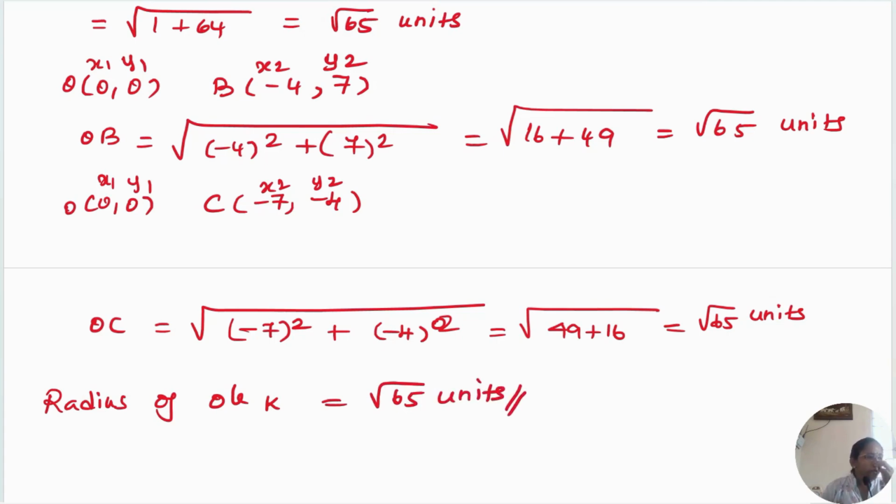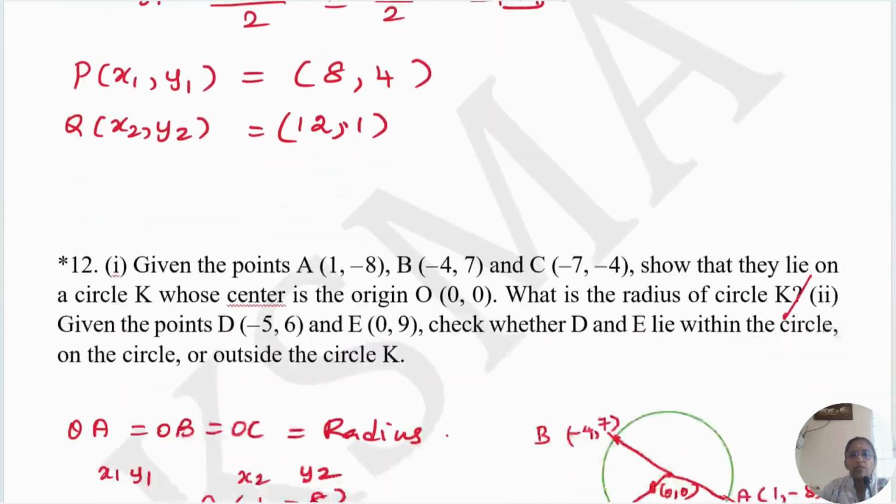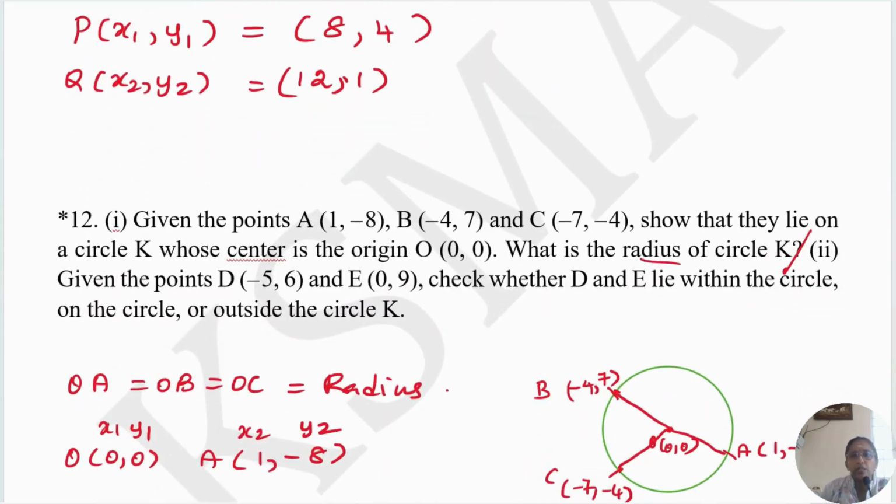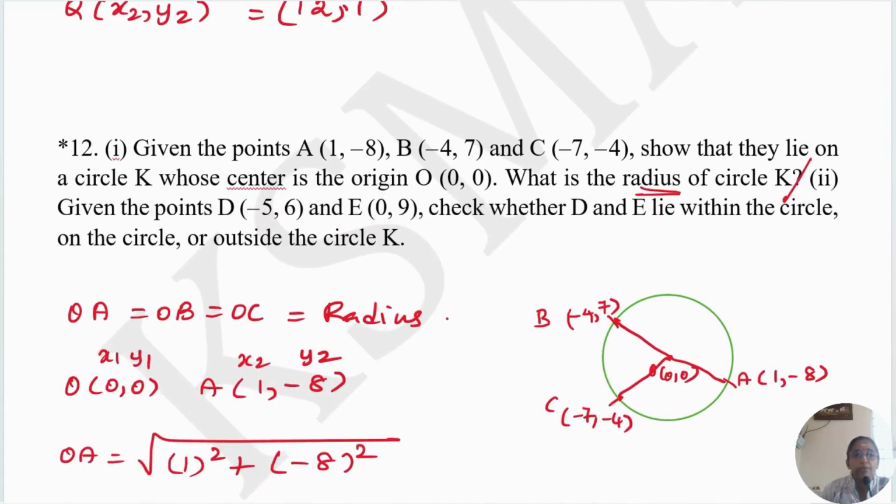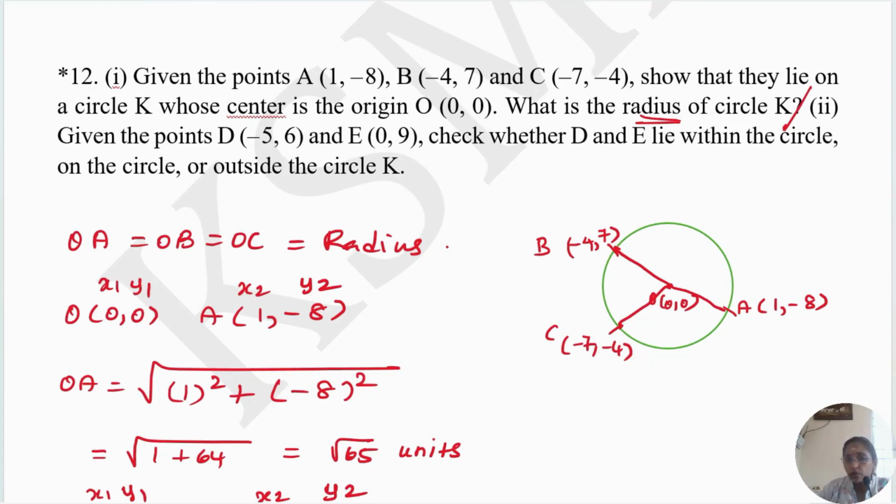Okay, so this is our part 1. Look at your data. What is the radius of the circle? We identified it as root 65 units. Coming to the second portion, D and E are given, and you have to check whether they are within the circle, on the circle, or outside the circle.